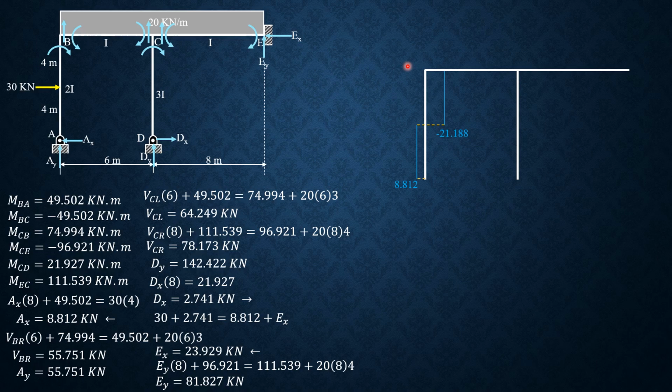Then shear at B just to the right is equal to 55.751. Then minus 20 times 6. So we have a line here. So that's negative 64.249, shear at C just to the left.